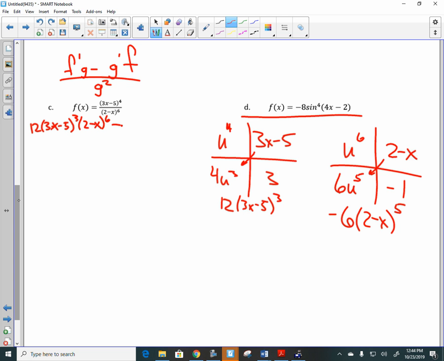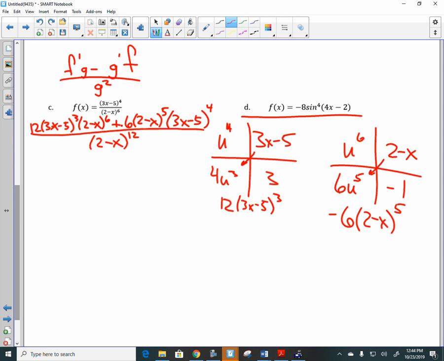Minus, now what? So that'll be a plus 6 times 2 minus x to the fifth, right? Times 3x minus 5 to the fourth. All over what? Ooh, that actually makes me happy. Why?